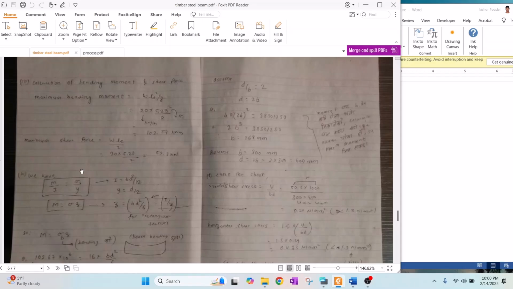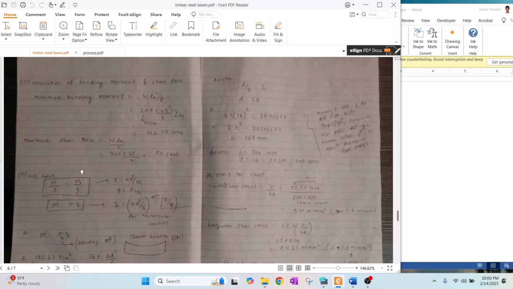Likewise, we can calculate the maximum shear force, and to calculate it you have another equation, that is W multiplied by Le by 2. We should remember this formula, because we cannot derive it all the time.